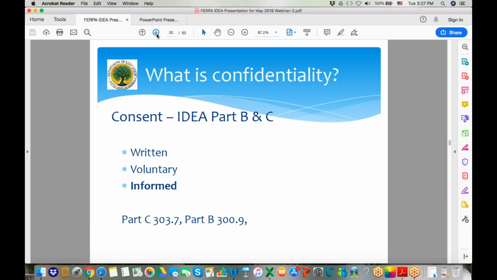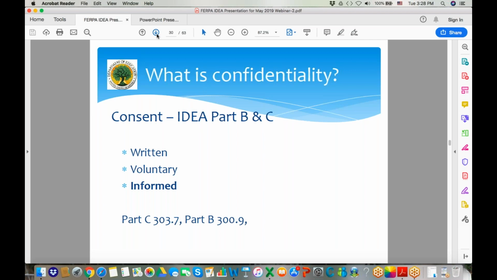So the definition under IDEA for consent is the same, and it is a long-standing definition. It is a definition that doesn't just apply in the context of consent to disclose personally identifiable information.